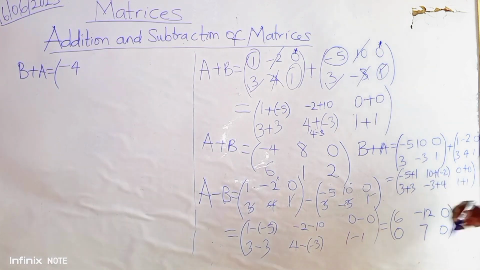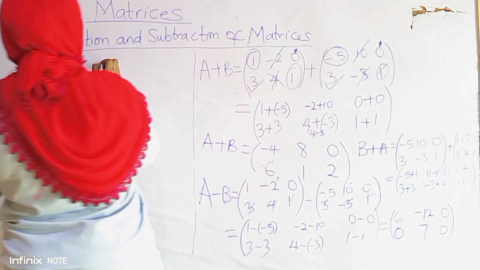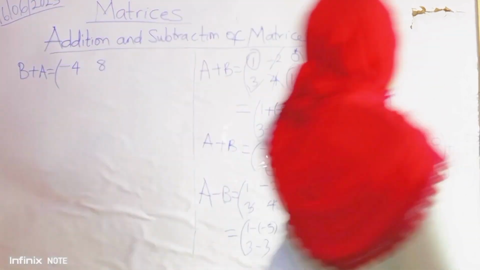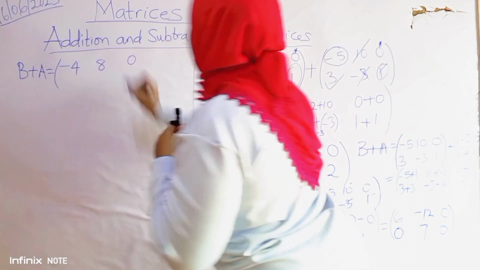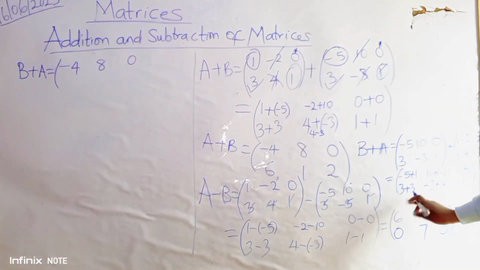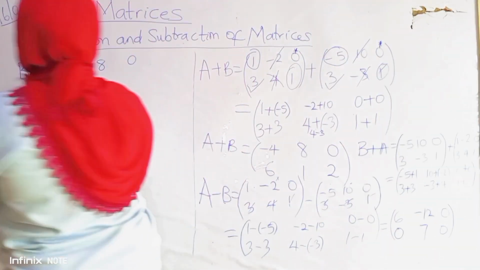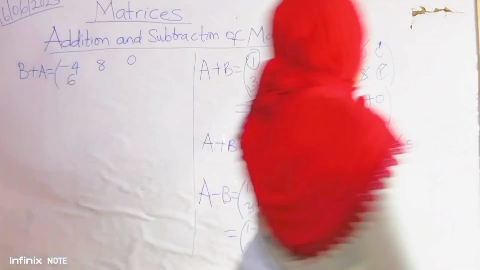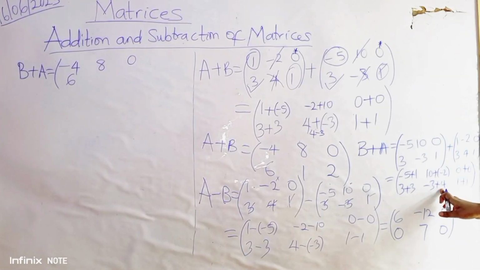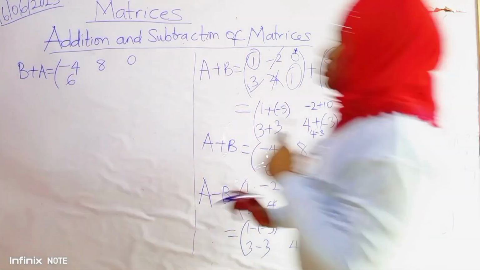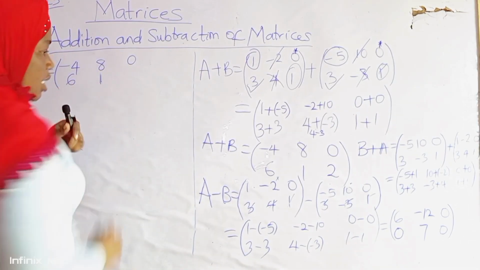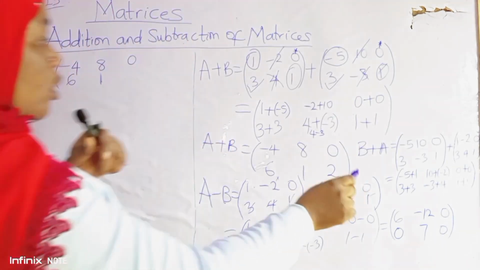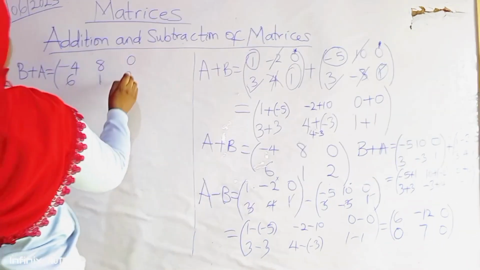What's 10 minus 2? 8, so we're going to write 8. 0 plus 0, 0. 3 plus 3, 6. Minus 3 plus 4, that is 1. 1 plus 1, there is 2.